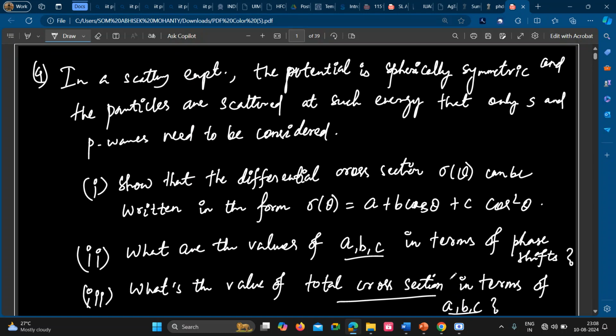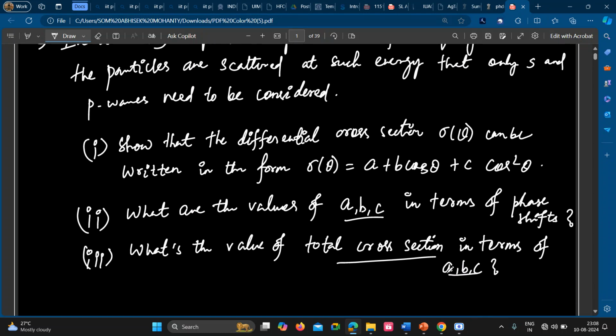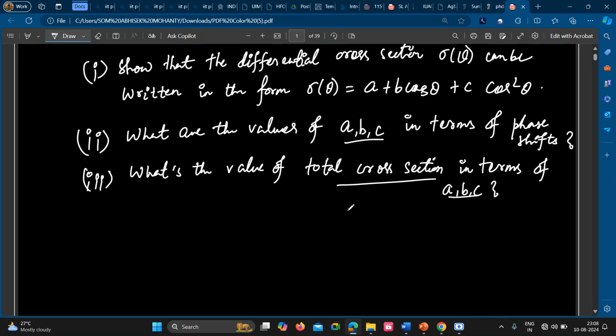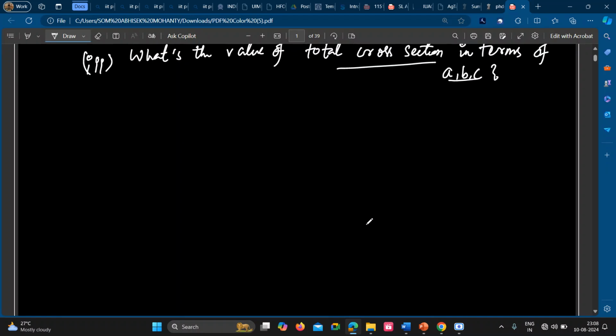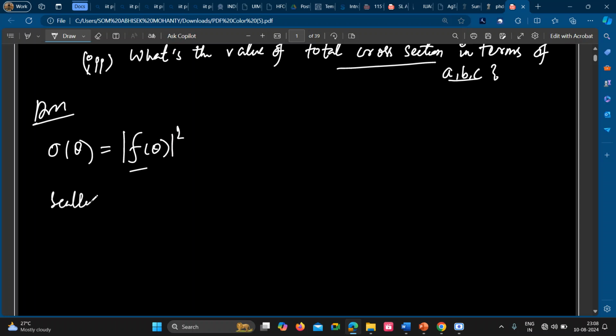Alright, so let's start this question. We have to find sigma theta. To find sigma theta, what do we need? We need the scattering amplitude, right? Because sigma theta is |f of theta| square. So what is f of theta?